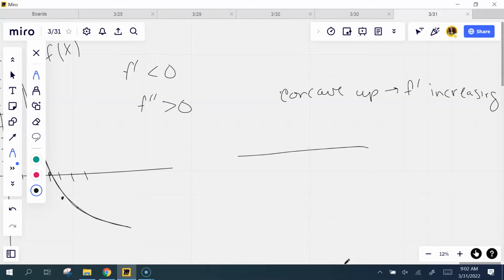It's easy to see that the first derivative's negative. That's not hard, but it's harder to see the increasing or decreasing. So you're down to A or B. But if you know concave up means the first derivative is increasing, and concave down would be the first derivative decreasing, then if you did the slope between the points.